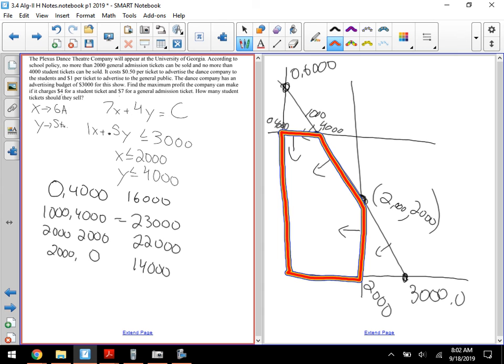The maximum value occurs at 23,000. The question was, how many student tickets were sold? So remember, you have to interpret the data that you're given. That would be the maximum, yes. The highest.